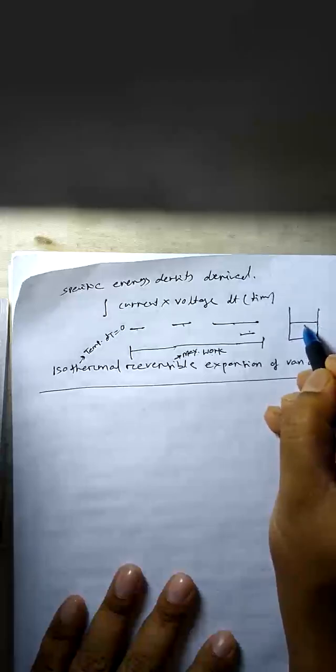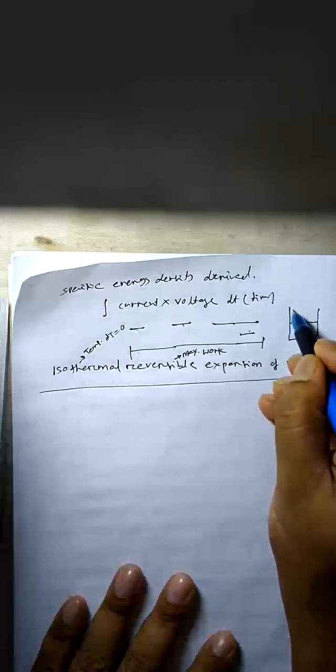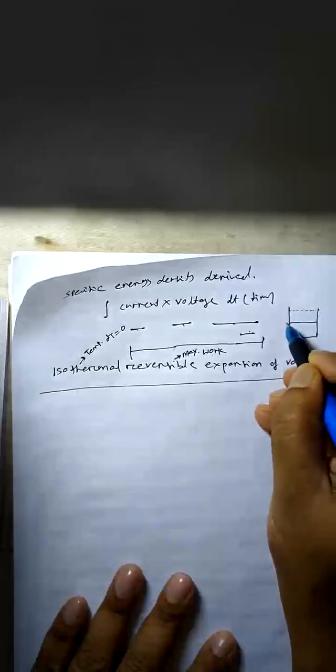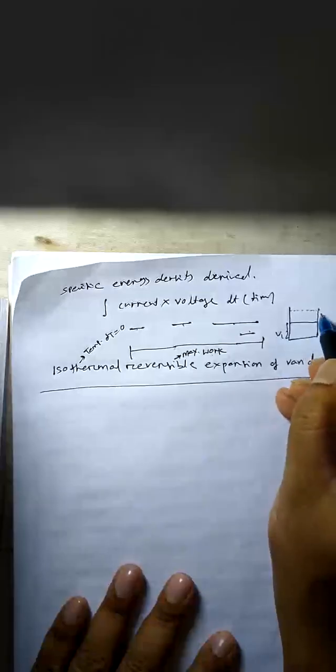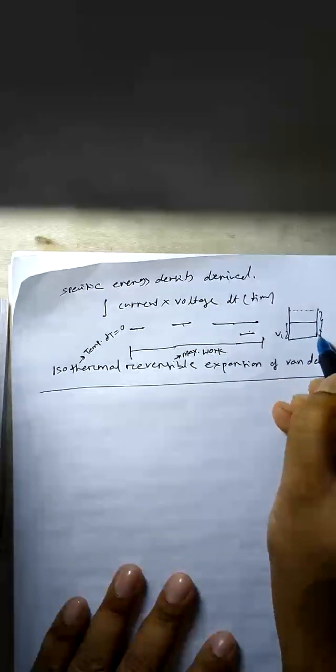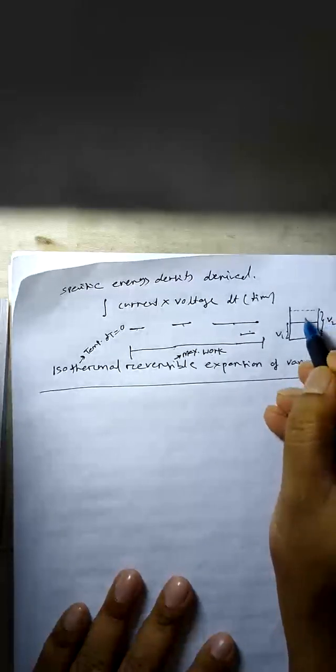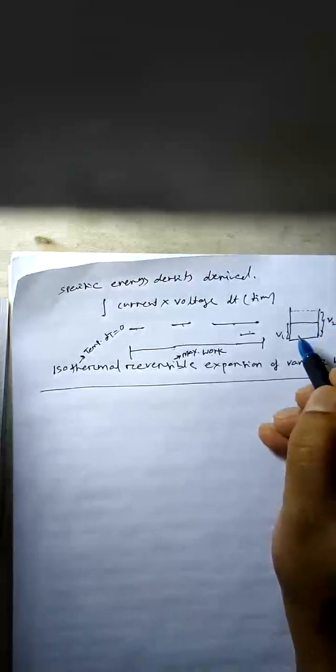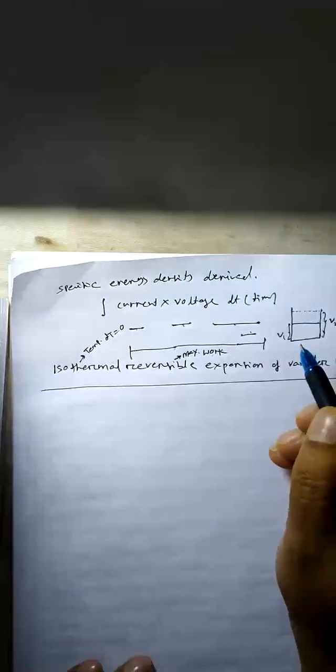It undergoes expansion, and the system will do work, so the piston moves upward. This is the volume V1 and this is the volume V2. So the gas will expand. That means work is done by the system.